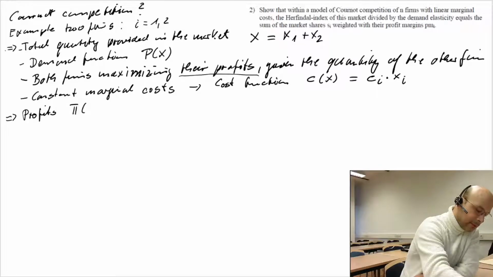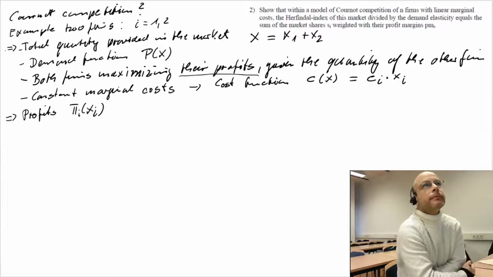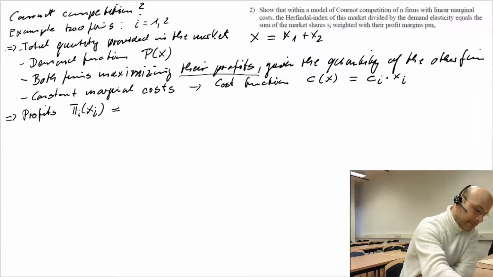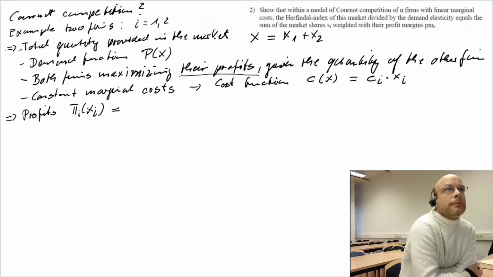Pi of xi equals then, in general, what is profit? Not in a functional form, but just in general. What are profits of a firm?